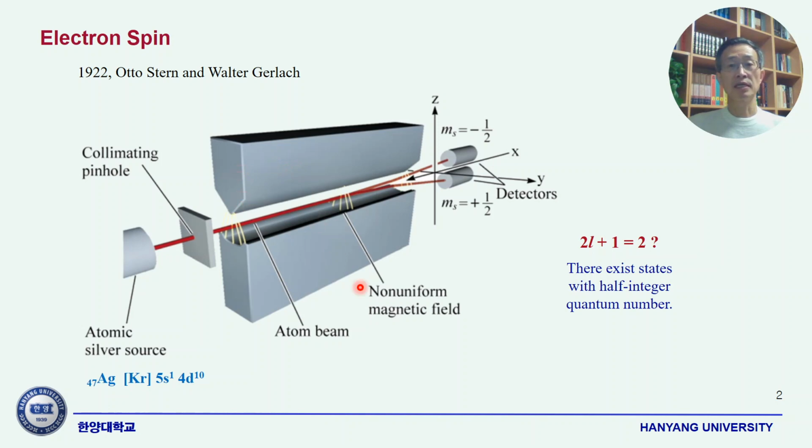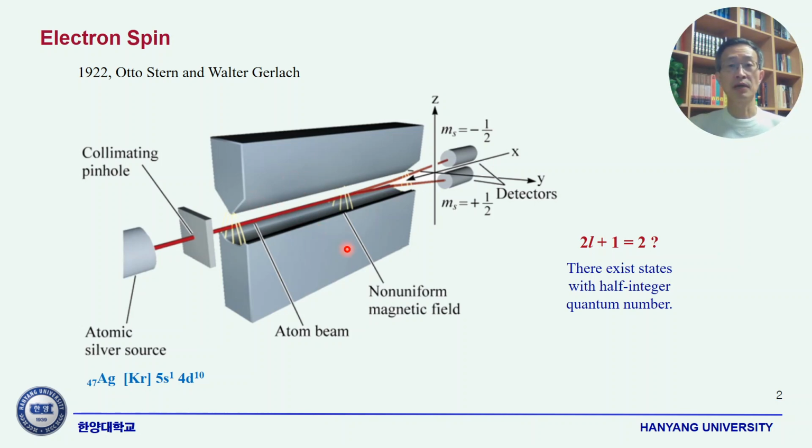But this is a non-uniform, inhomogeneous magnetic field. Notice that this has an angular edge and a round circular shape. If those two poles were infinite parallel surfaces, then we would have a homogeneous magnetic field.